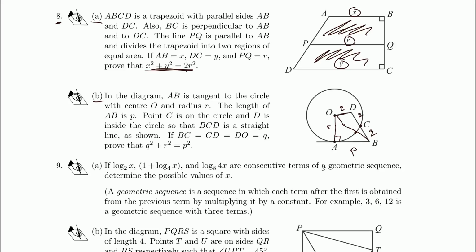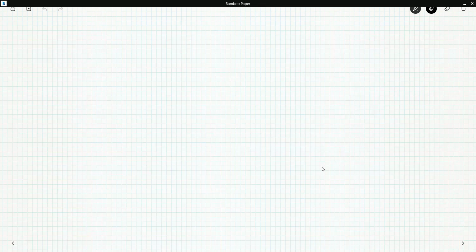what could I do? I want a P squared, Q squared, and R squared. Well, the first thing that pops into mind is the sort of power of a point or intersecting chords result.